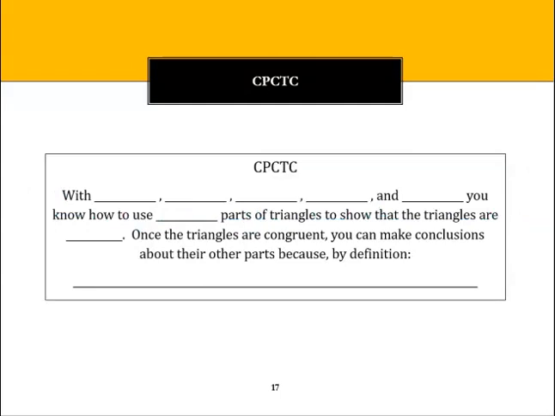That's a bit of a mouthful if you try to say it a couple times fast, but here we go. With the shortcuts that we just talked about, and then the last one, just put down the letters HL. That's the last congruence shortcut that we'll talk about in the next lesson. I just don't want you to have to fill this in again.